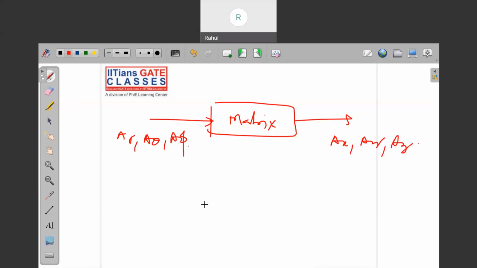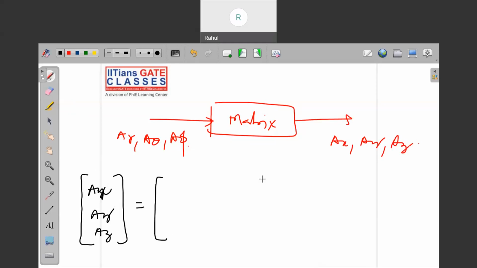So what you can do now is take the transpose of that. Here you have to find Ax, Ay, Az, and here you have to go for the conversion matrix.